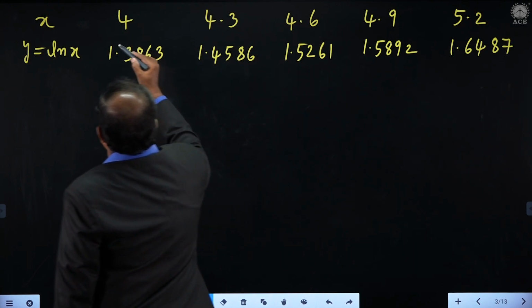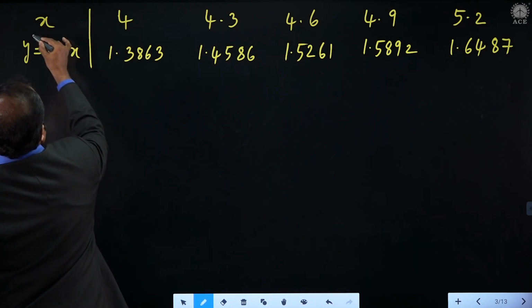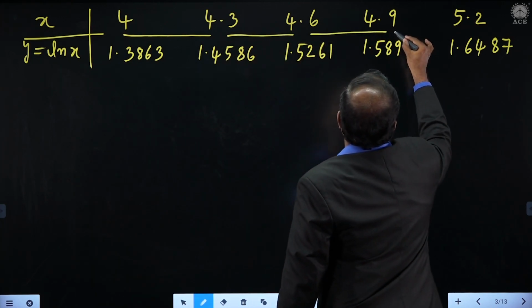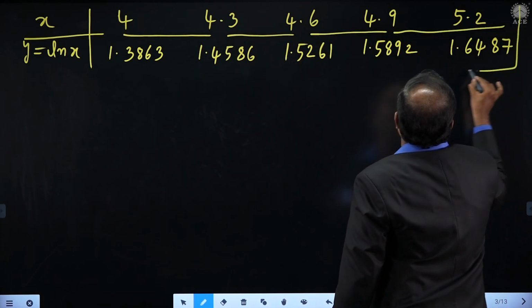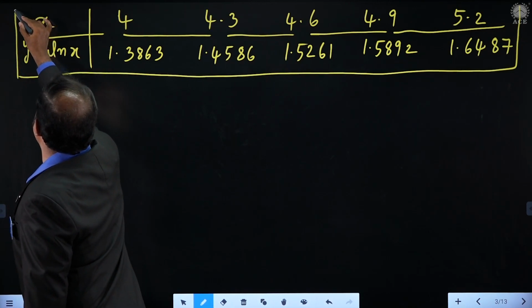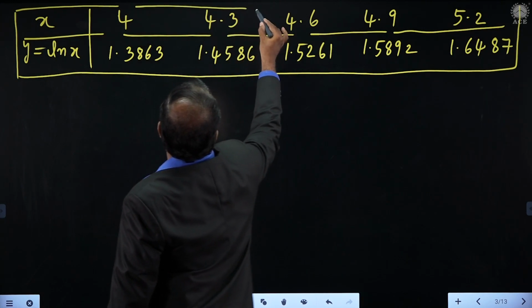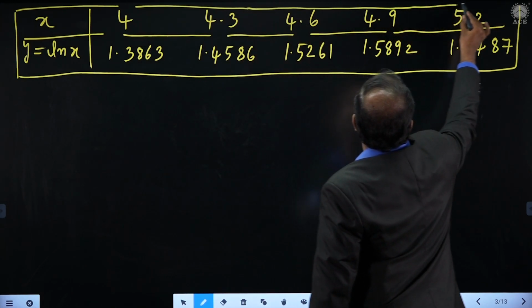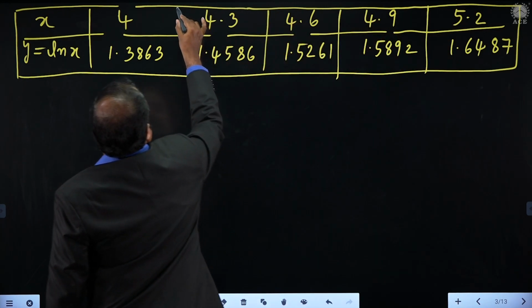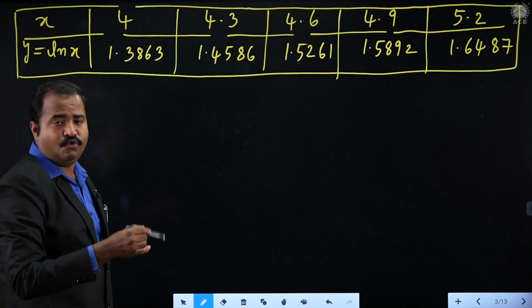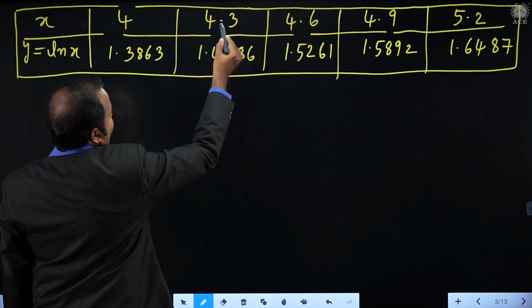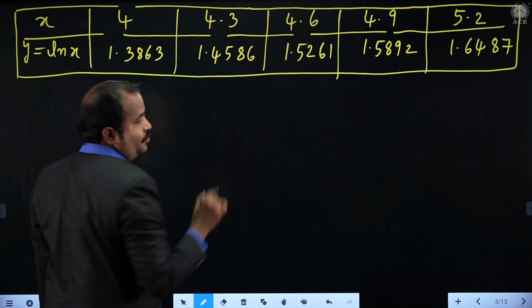The x starting value is 4, next 4 plus 0.3, 4 plus 0.6, 4 plus 0.9, that is 4.3, 4.6, 4.9, 5.2.